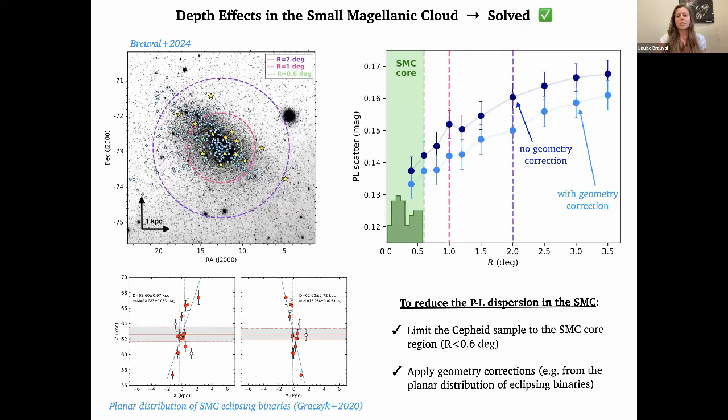So basically the recommendation is, yes, you can include the SMC as an anchor if you respect these two conditions: you limit to the core, and you apply the geometry corrections, and you should not suffer from any depth effects if we do that.